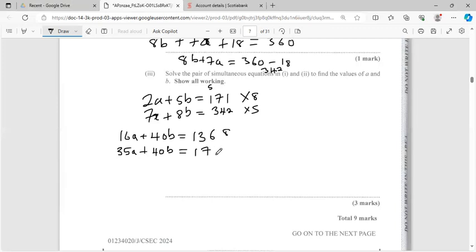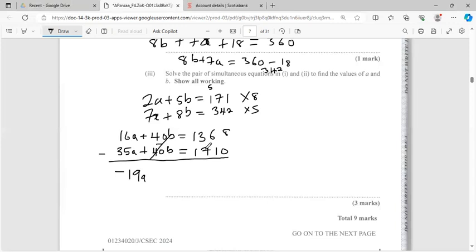Alright, so we subtract now. 16 minus 35, that's what, 19. So that will give us negative 19A. Of course, this is going to go to 0.